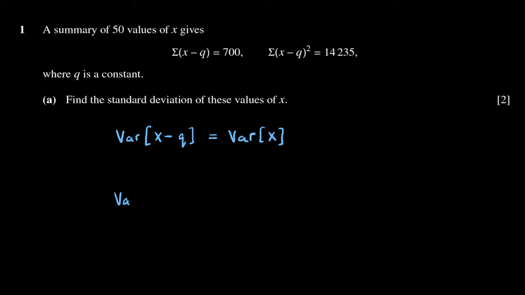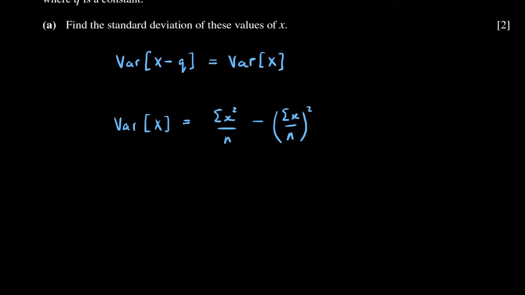And the formula for the variance of x is equal to sigma x squared upon n minus sigma x upon n all squared. So if that's the case, well, what's the variance of x minus q?